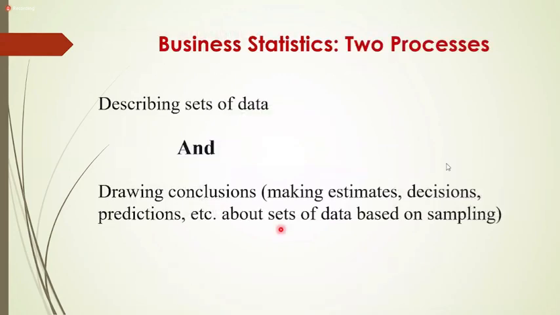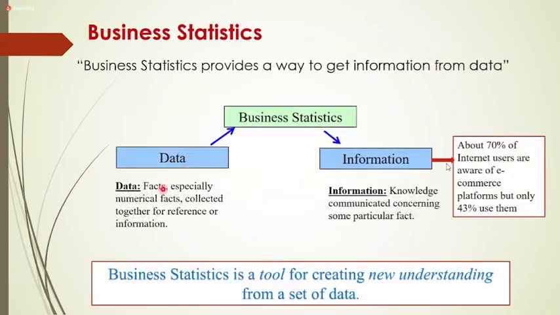Based on the above explanation, business statistics has two processes. One is describing sets of data, and the other is drawing conclusions. Here, using the data, we describe how respondents are answering our questions. To describe, we can use percentage, mean, median, minimum, maximum, whatever measure we need according to our problem.